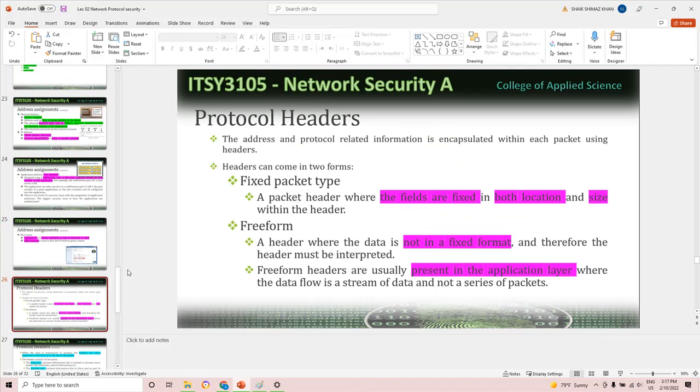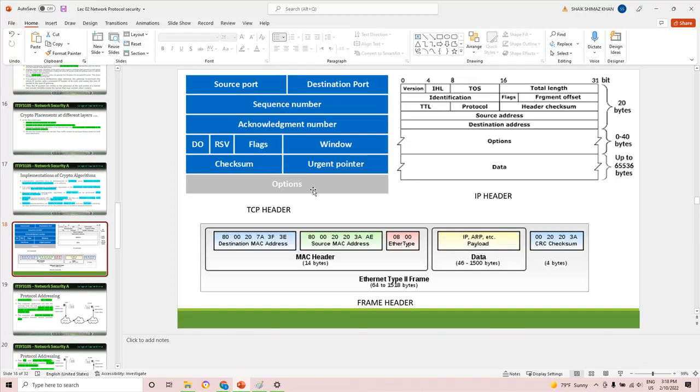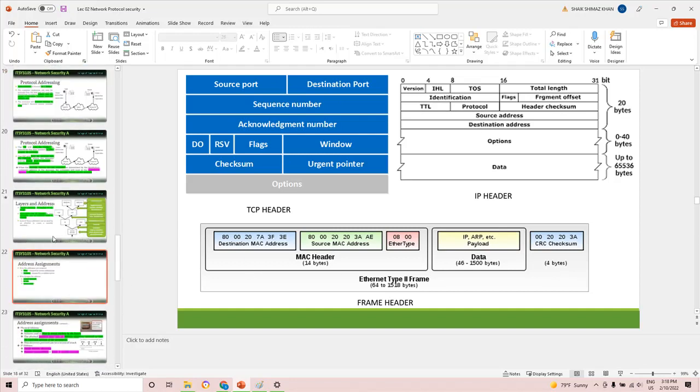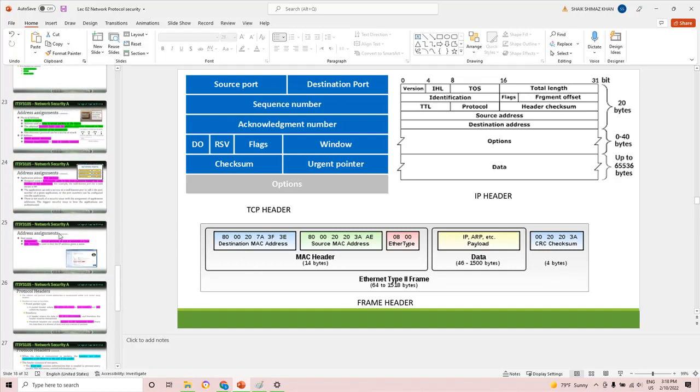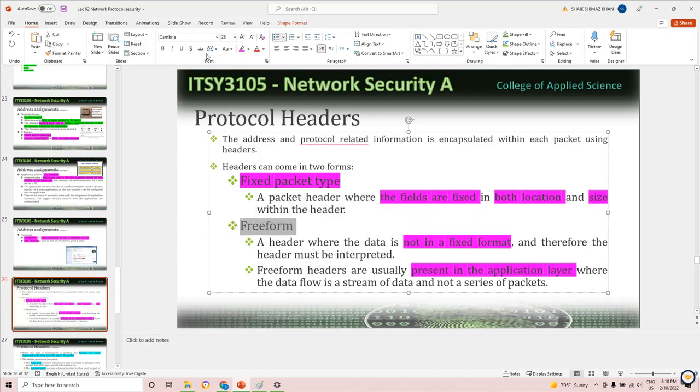So protocol headers, students, these are the protocol headers. This is the TCP header, this is the IP header, this is the frame header. Okay, so the protocol headers can be classified into two types. One is fixed, another one is free form.